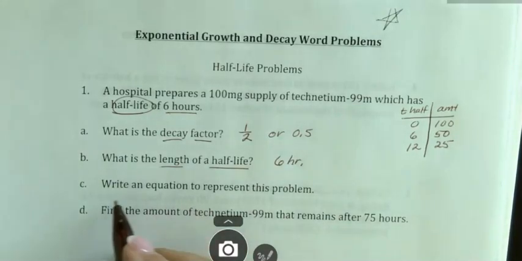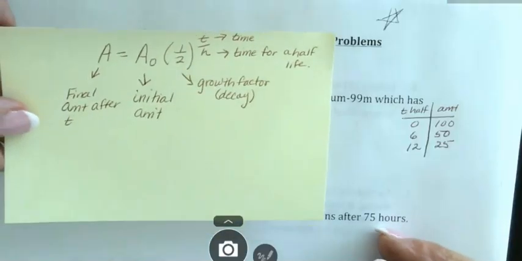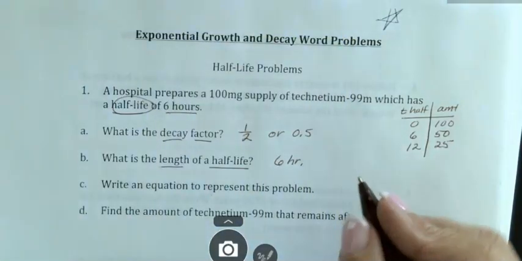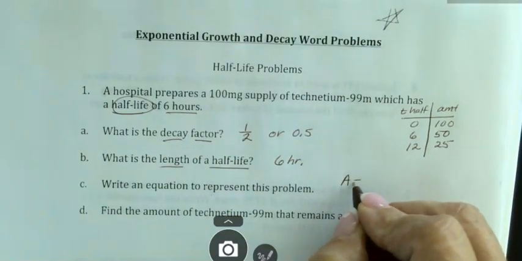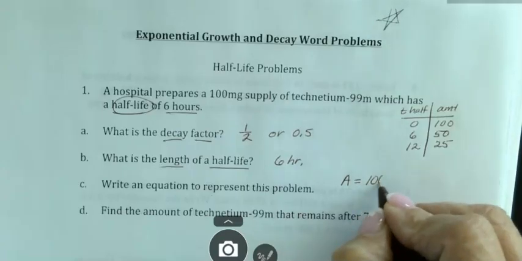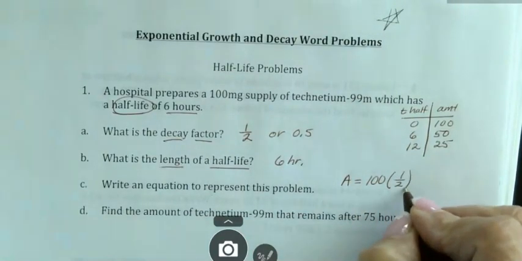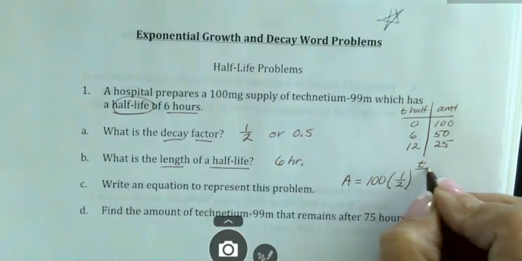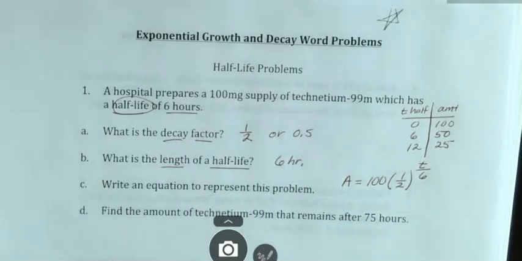Okay, and then the next one is to write the equation. So again, I'm going to go to the equation that I gave you, and we're going to fill in the numbers. Okay, so I am looking for A. I am starting with 100 as my initial. Again, it is a half-life problem. And I'm looking for time for every 6 hours that a half-life occurs.